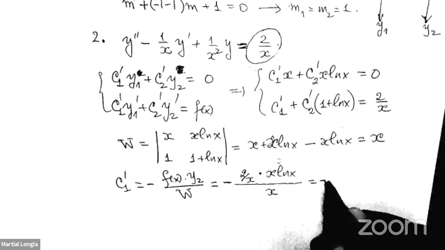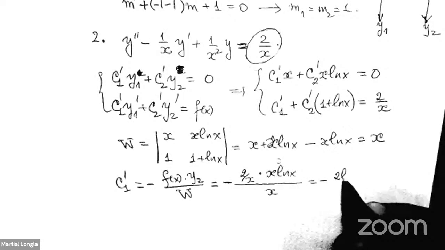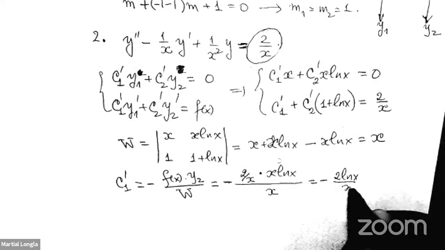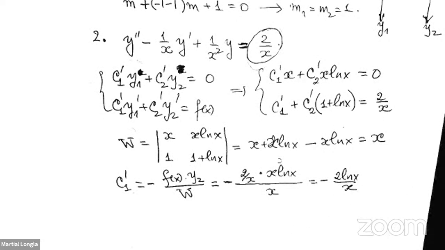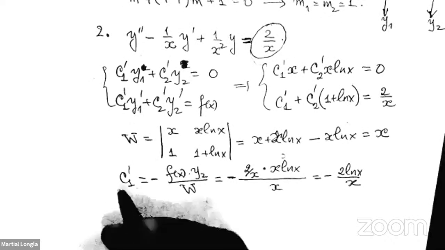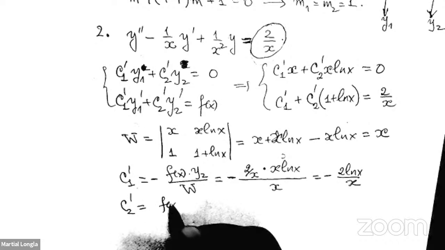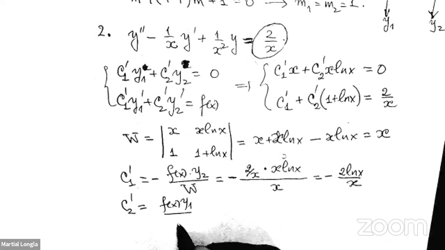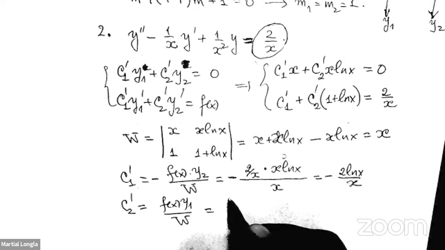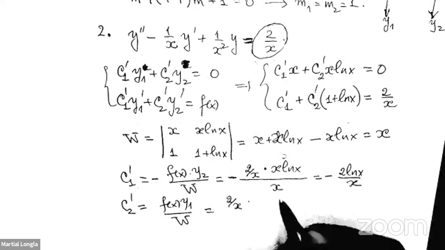So this is minus 2 natural log of x over x. That's C1 prime. And then C2 prime is f of x y1 over W, and that is 2 over x times y1, x, over W, which is x. And this is 2 over x.